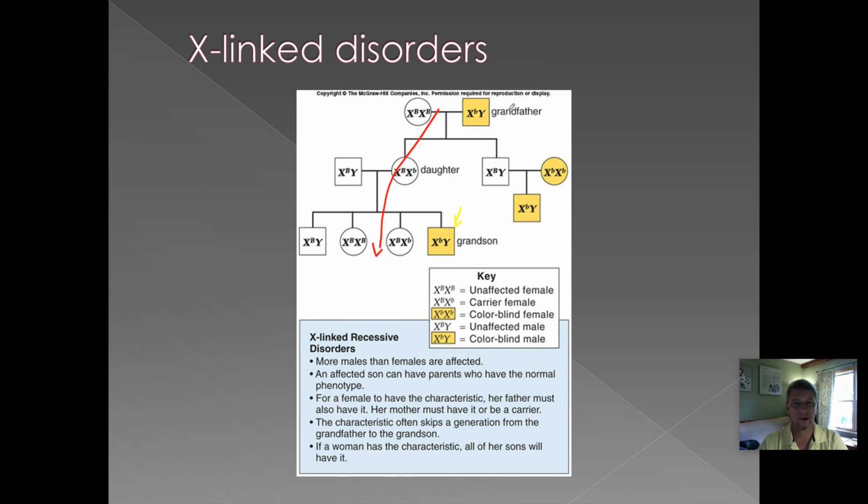The grandfather had it and the grandson has it, but the grandson's mother did not, but her father did. And if a woman has the characteristic, all of her sons will definitely have it because sons inherit the X chromosome from their mother. And if mom has two copies of that recessive allele, then Junior is going to get it.